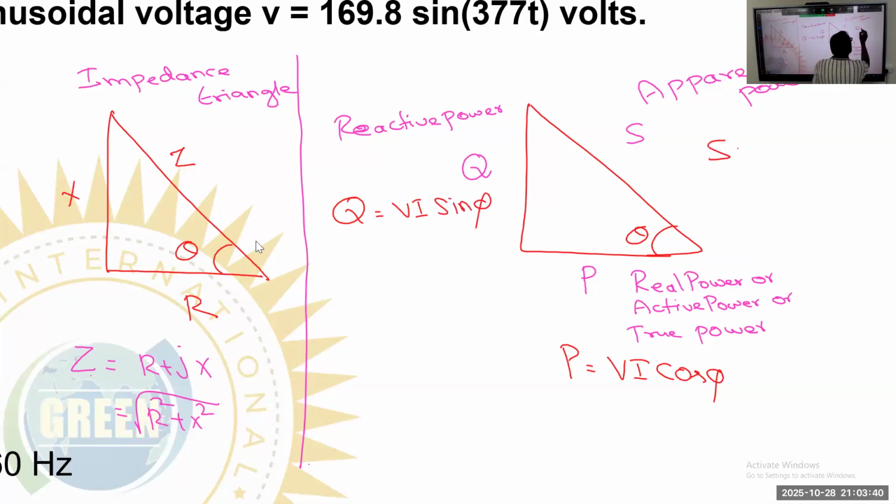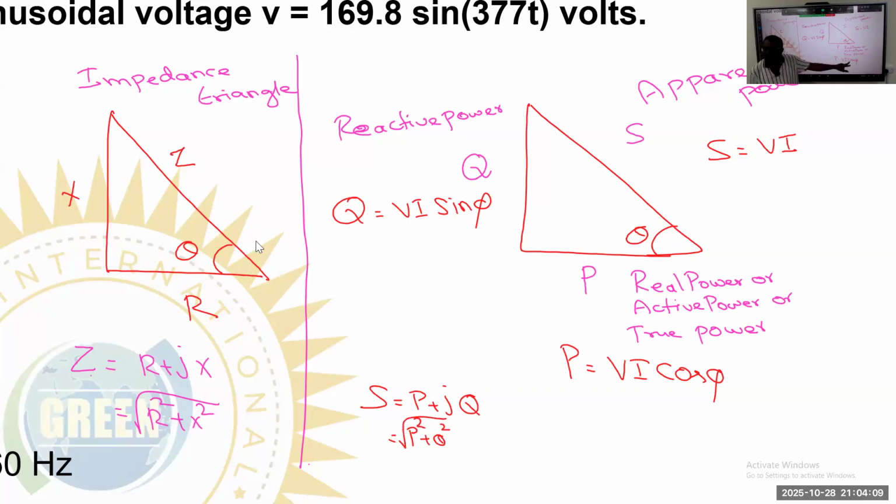Apparent power S is equal to V into I. So here Z is equal to R plus JX, so we may write S is equal to P plus JQ, correct? Z is equal to root of R square plus X square, so here also we may write root of P square plus Q square.